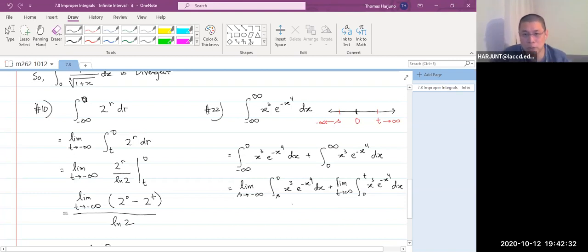And then I do substitution, u equals x to the fourth, so du is 4x cubed dx.